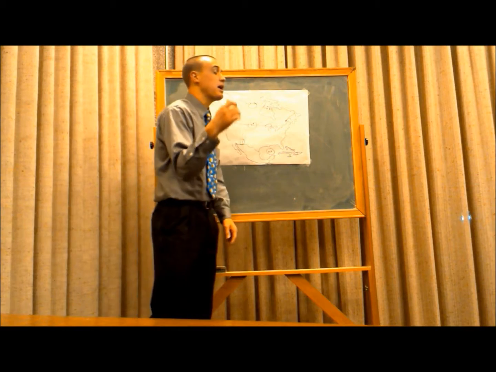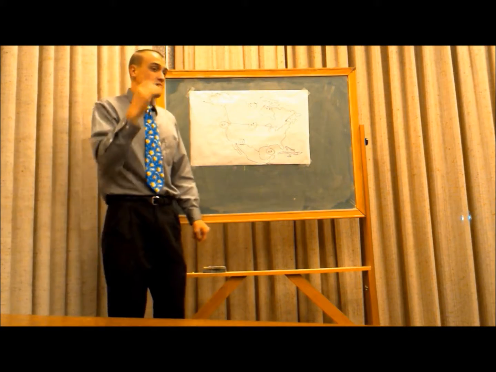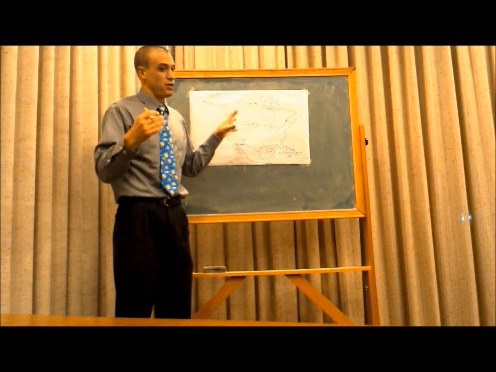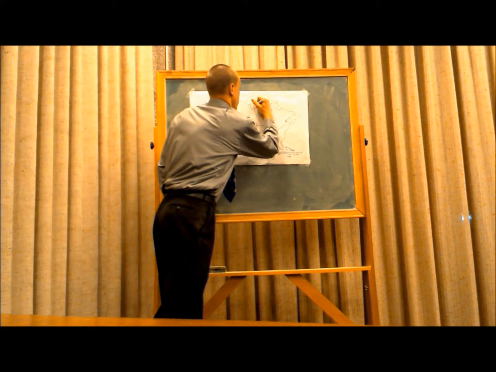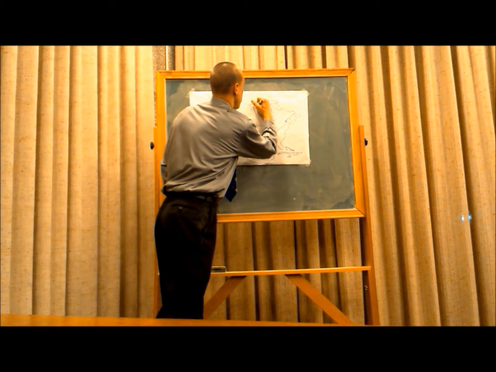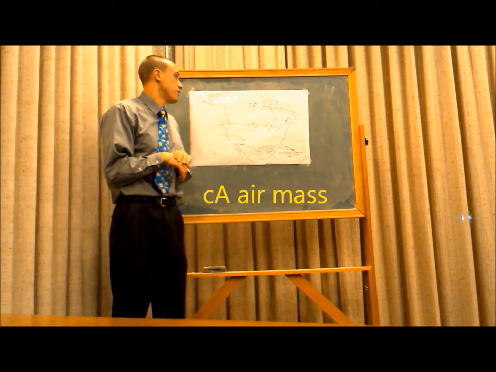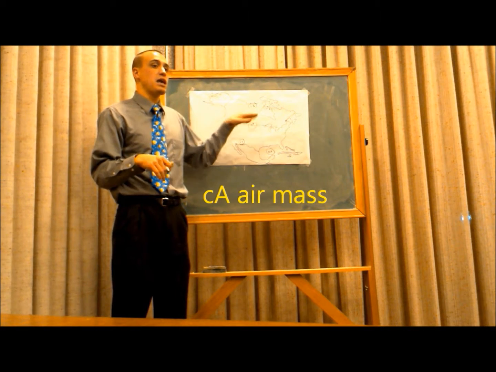So we give a lowercase c. The next thing we need to ask ourselves is what region did this occur in? And I said it occurred in the Arctic region, so the region for this air mass is Arctic. We give a capital A for that. So this last air mass that we gave here is considered a continental Arctic, or CA, air mass.